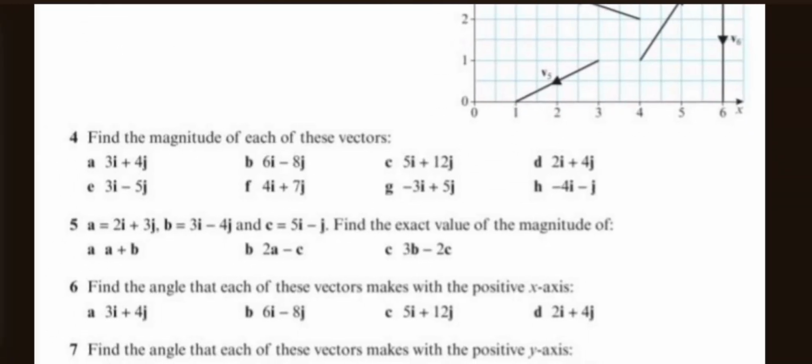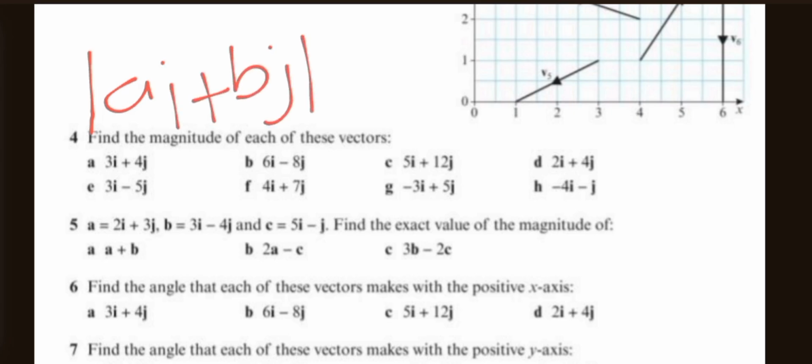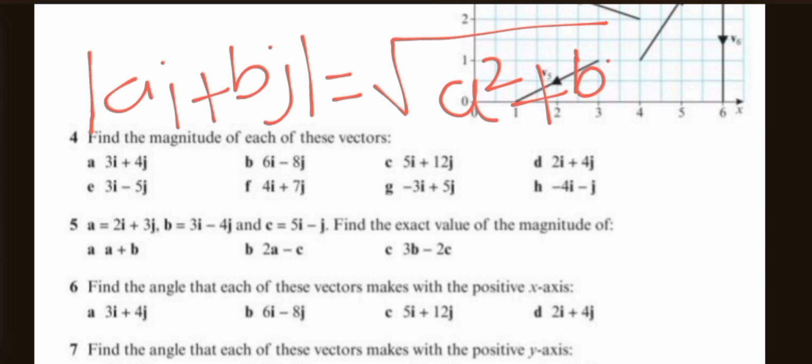Okay, let's look at number 4. Find the magnitude of each of these vectors. Now we have a formula for magnitude. That's ai plus bj, the square root of a squared plus b squared. We're simply going to square the coefficients and add them up.